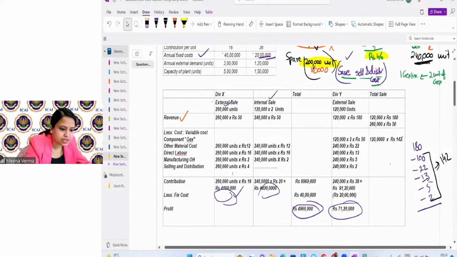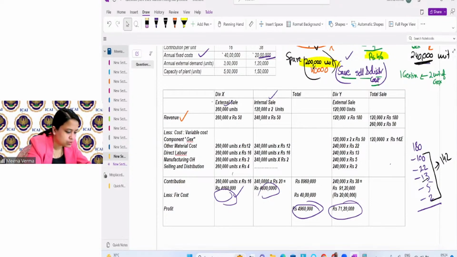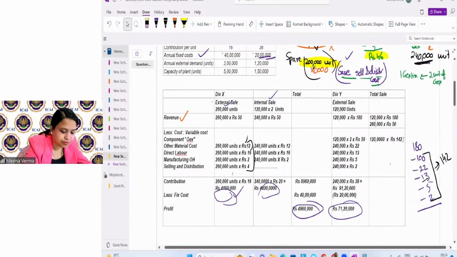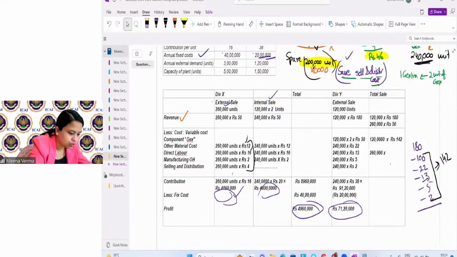Okay. Next, 120, and for 260 unit, what is the variable cost here? ठीक है, correct me if I'm wrong. ठीक है, 260 unit के लिए what is it? Rupees 34 is the variable cost.